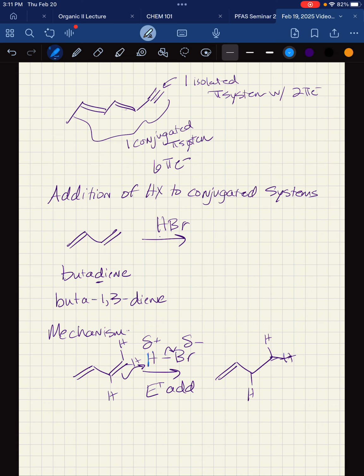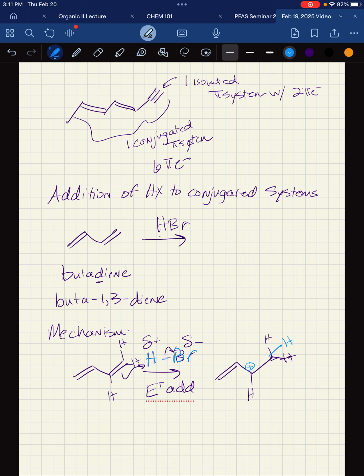I'm going to change the color of the HBr. So again, like before, we're going to put that proton on the less substituted carbon because that allows us to have a more substituted carbocation, which is what we want because that's going to be more stable. This would be a secondary versus if we put the H on the other atom, which would give us a primary.